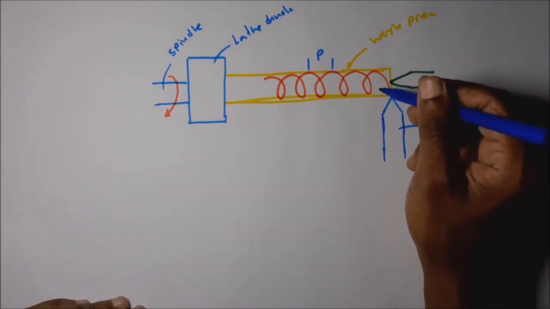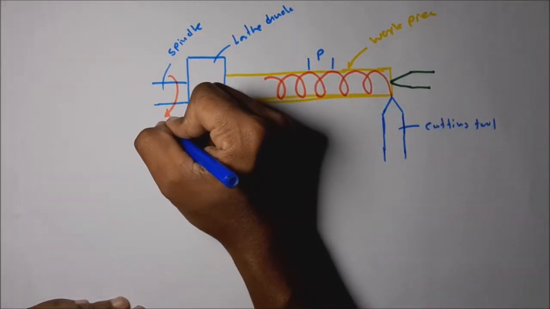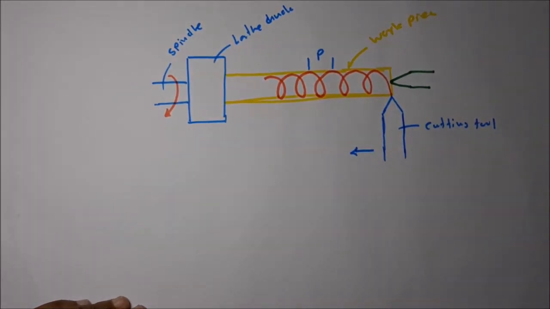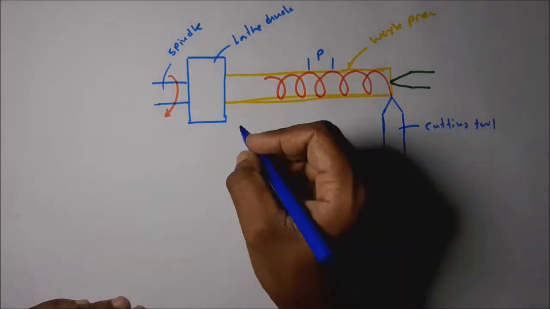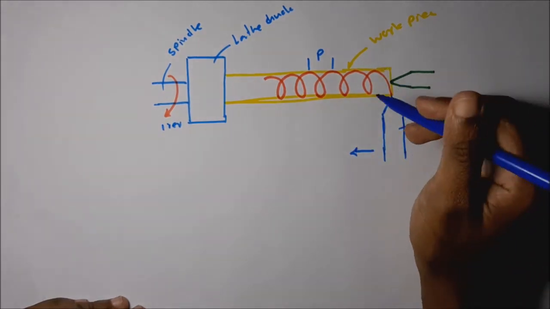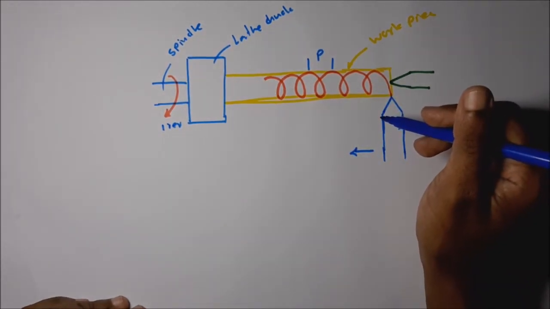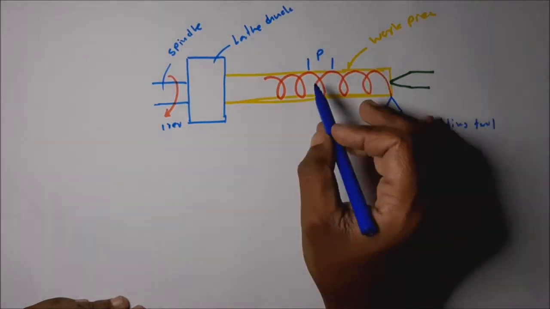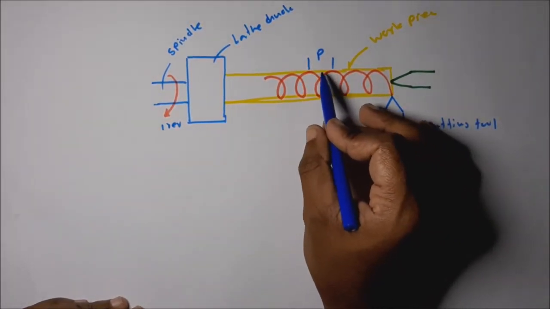That means how to do that? While rotating the spindle, the tool has to move in this direction. In this movement, for one revolution, what should be the tool travel? It should be equal to the pitch value to keep this helical path at a uniform pitch.